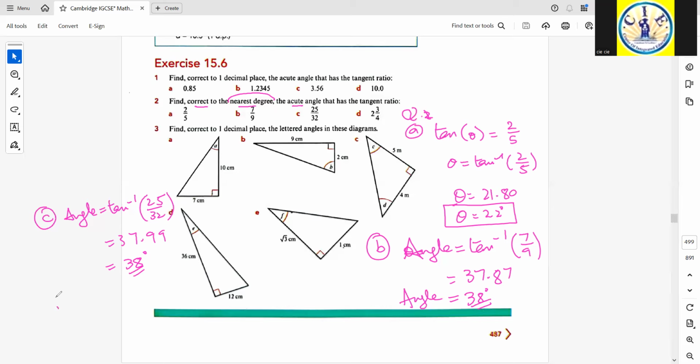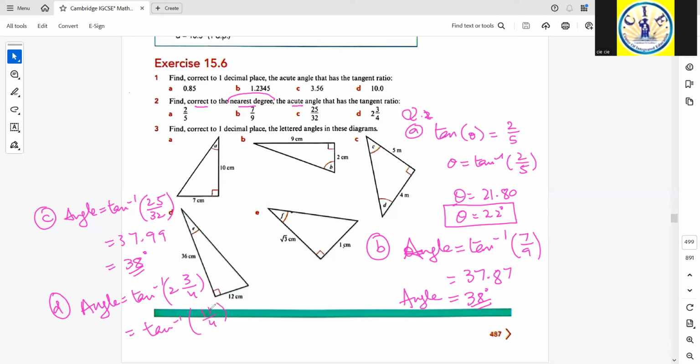And for part D, angle will be equal to tan inverse of 2 whole 3 by 4. That will be, actually, 4 3s are 12... 4 2s are 8 and 3 is 11 by 4.